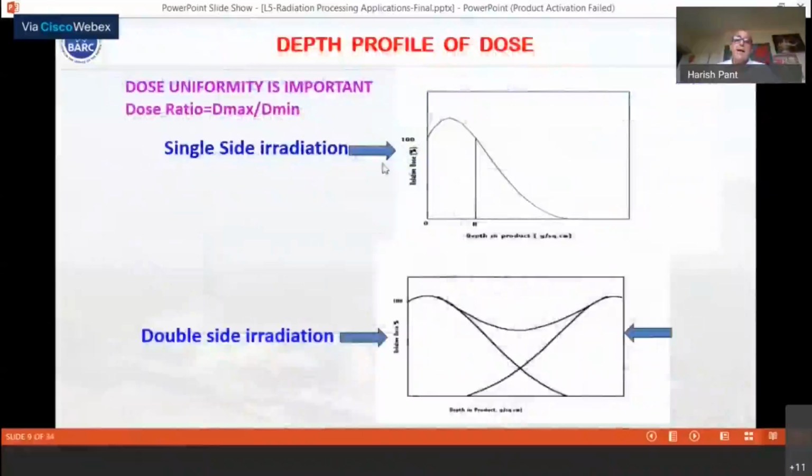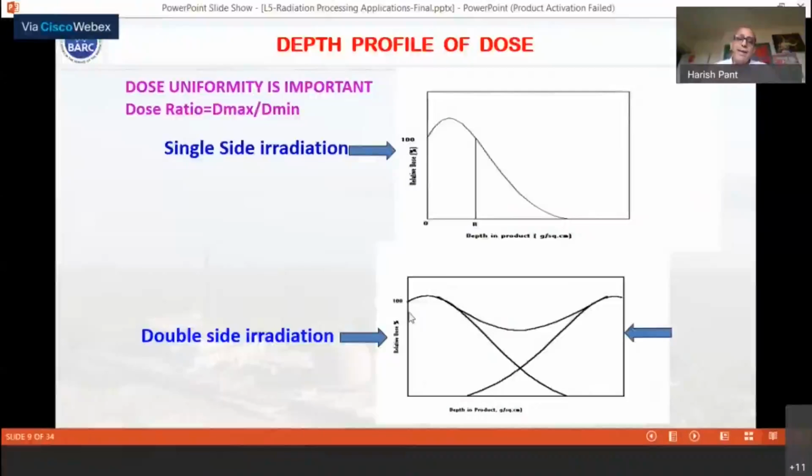But in gamma radiation, we need not process the material from both sides, because gamma radiation can penetrate through the thick material. Sometimes we do it just to obtain the uniform dose distribution. But in case of electron beam, since the penetrating power is very limited, the material is irradiated from both sides.